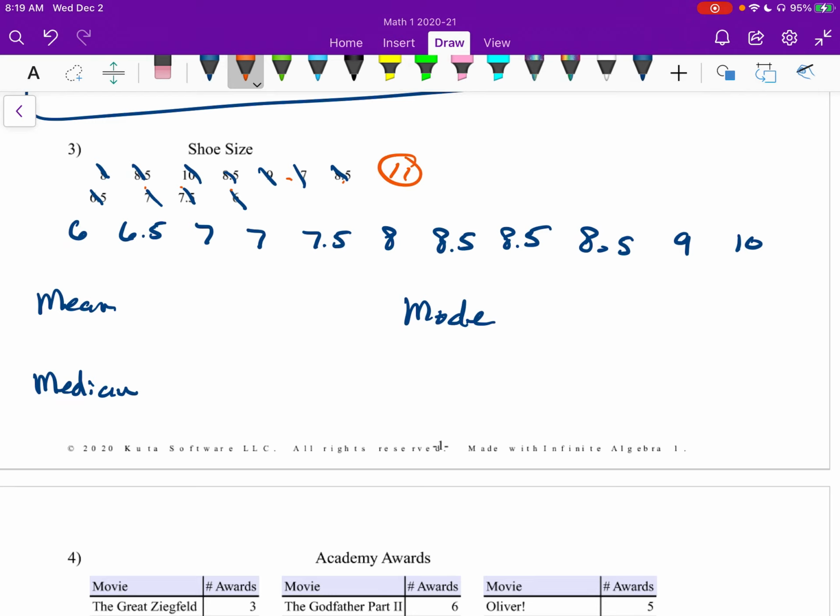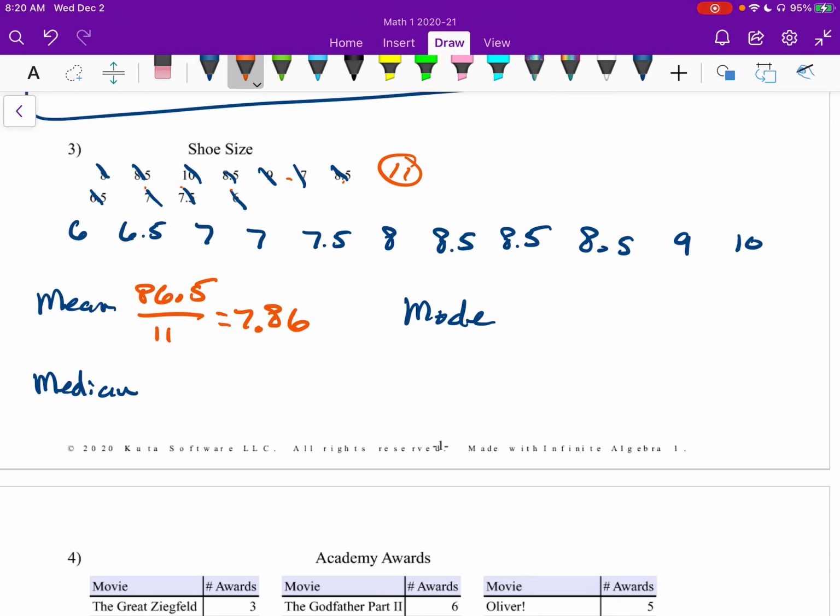So for the mean, I'm going to type all these numbers in my calculator: 6 plus 6.5 plus 7 plus 7 plus 7.5 plus 8 plus 8.5 plus 8.5 plus 8.5 plus 9 plus 10. And I got 86.5. I divide that by 11, and I get 7.86. Now, there's nothing special about 11. It just happened to be that there were 11 objects in both this one and the last one.